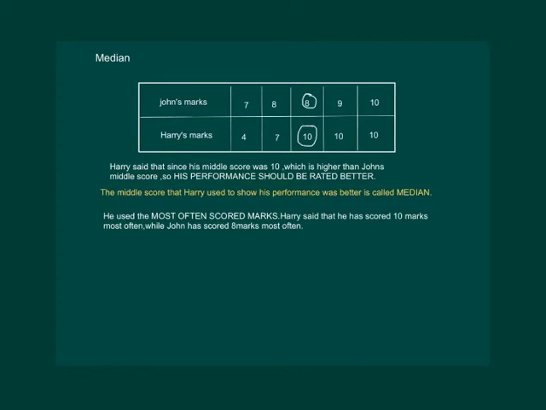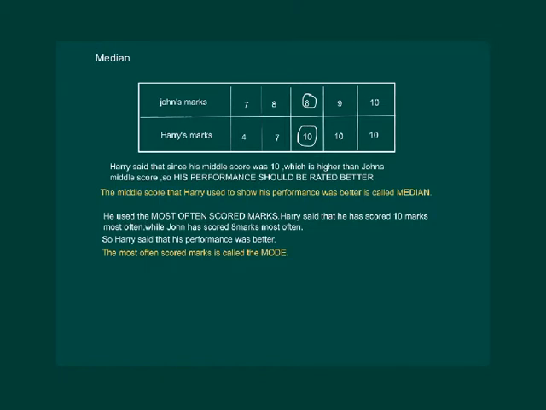Harry said that he has scored 10 marks 3 times, that is more often, while John has scored 8 marks 2 times, that is the most often score of John was 8, while Harry's most often scored marks were 10. And so, Harry convinced that his performance was better. The most often scored marks is called the mode.